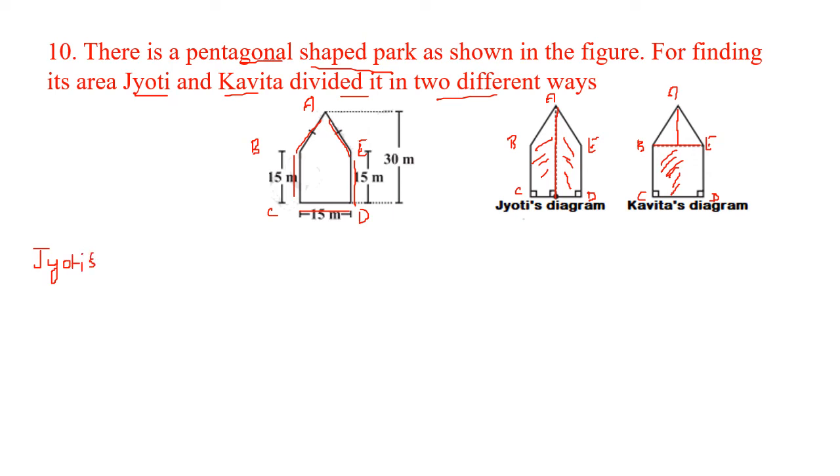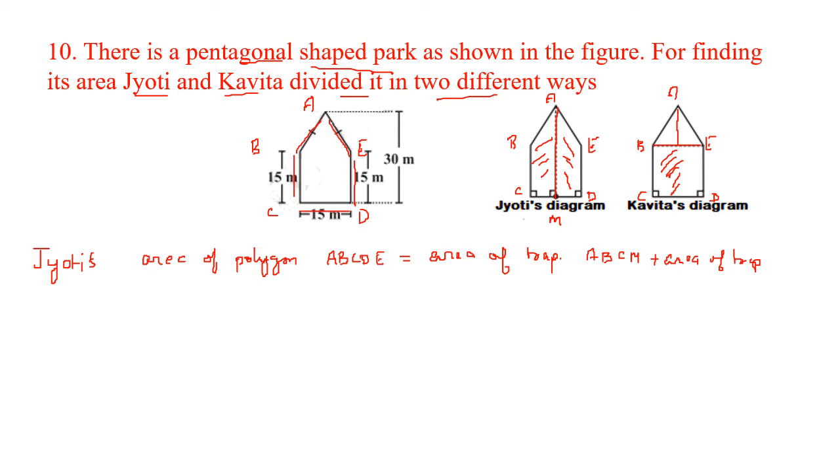In Jyoti's method, we do area of polygon ABCDE is area of trapezium ABCM, let me call this point M, plus area of trapezium AMDE.